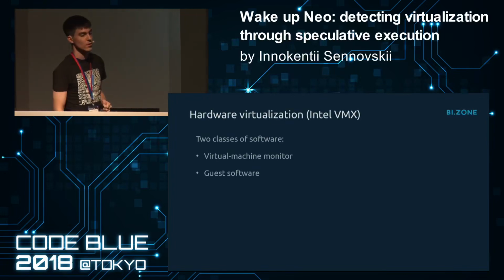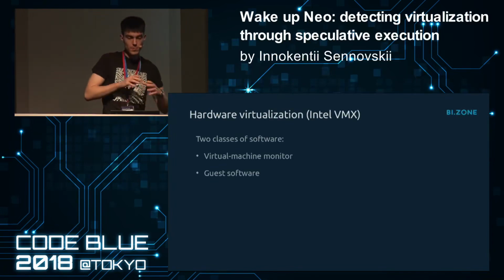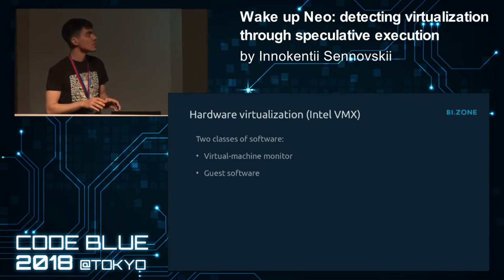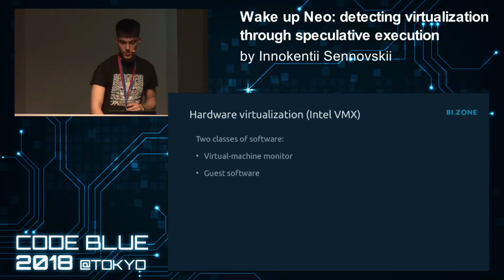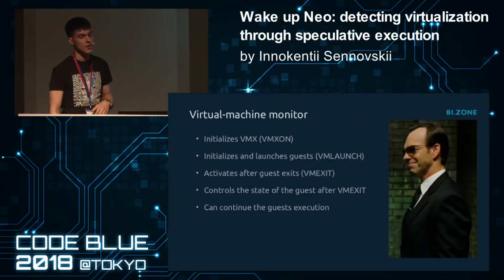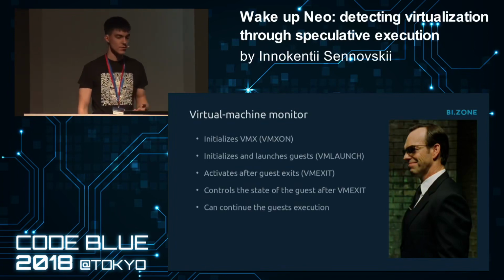Basically, hardware virtualization in the case of Intel virtual machine extensions splits the execution into 2 classes of software: the virtual machine monitor and the guest software. The virtual machine monitor actually initializes virtual machine extensions.